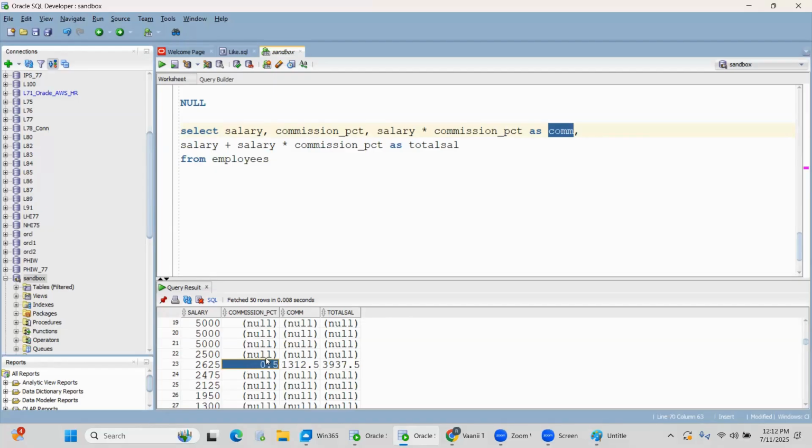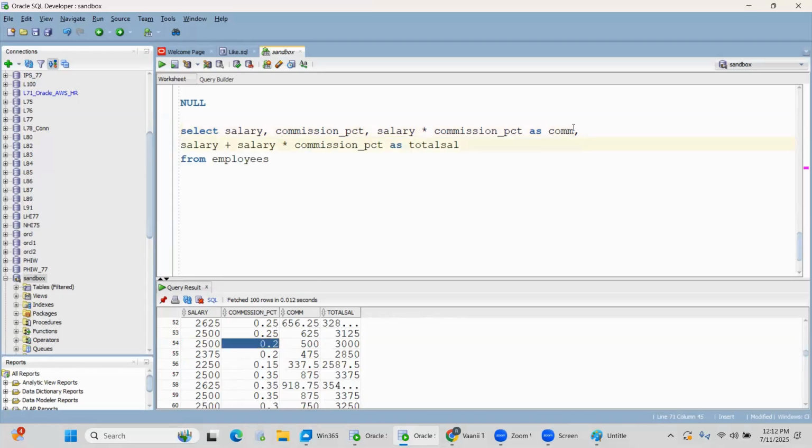So if it is 0.5, it means 0.5 of this salary, half of the salary. If somewhere it is 0.2, it means it is 20% of this salary. So how will we get the commission amount? When we multiply salary into commission percentage, right? That's what I did here.